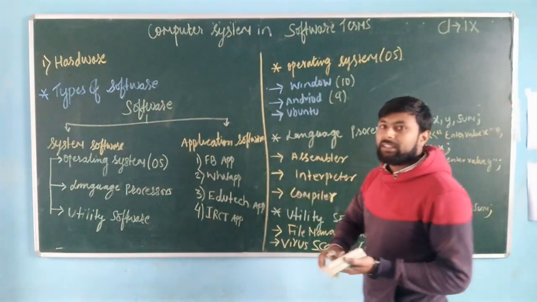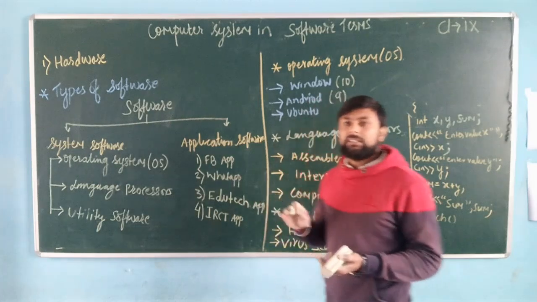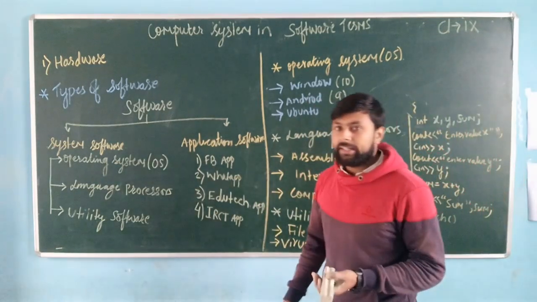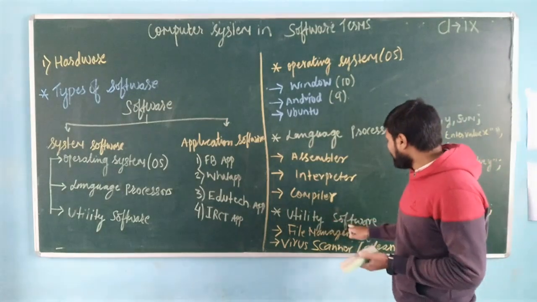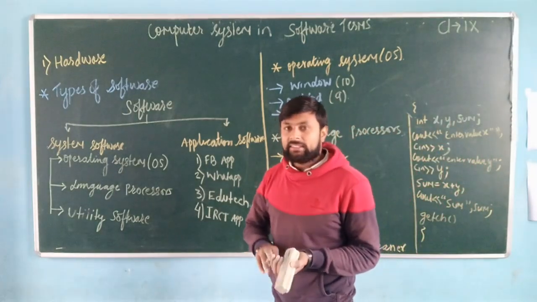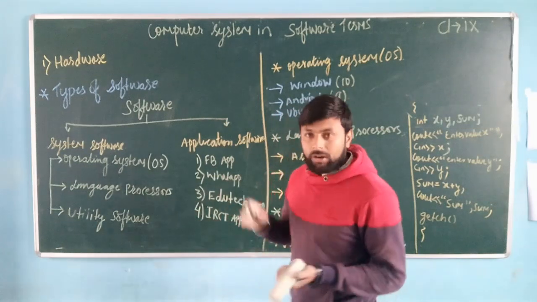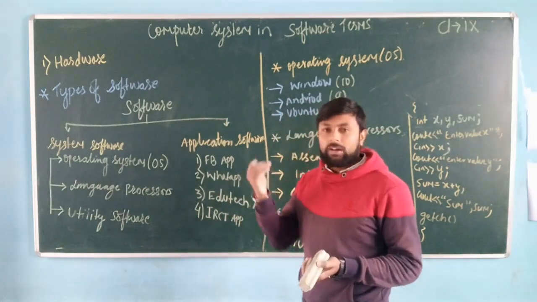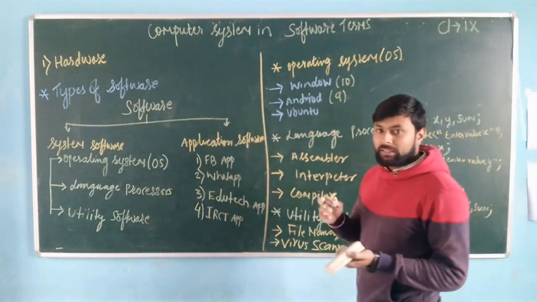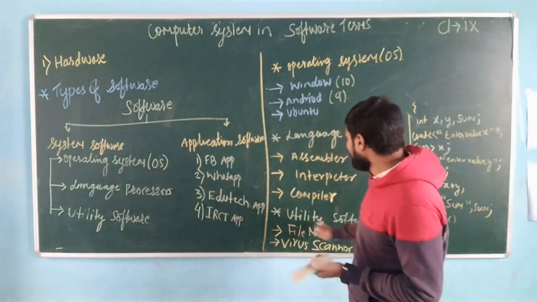If there is a virus, it can remove it from the system. That is the function of utility software. It will manage the files inside the laptop, computer or mobile phone, and it will scan and clean viruses.